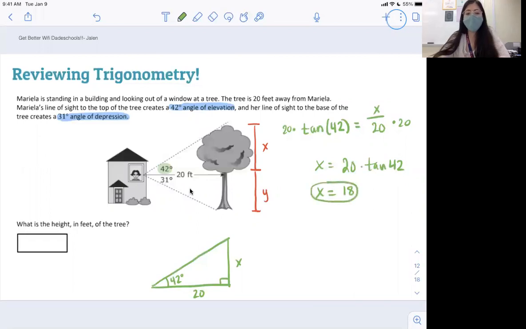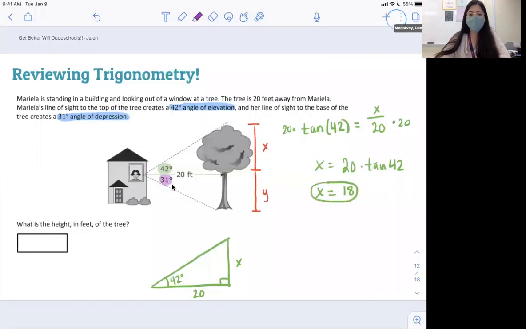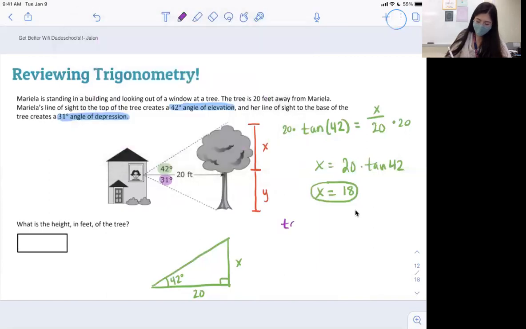But now I have to do the same situation using 31 degrees. So what relationship uses Y and 20? Also tangent, good. Tangent of 31.